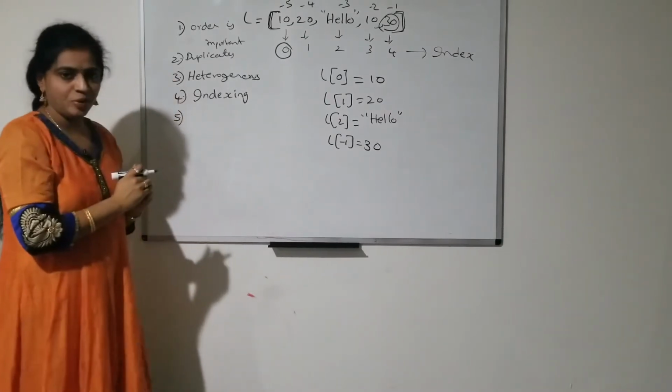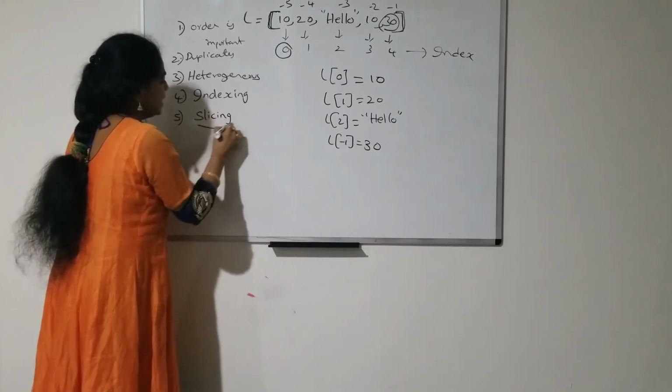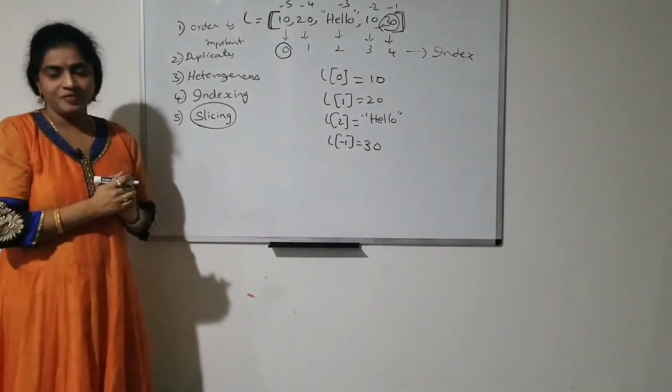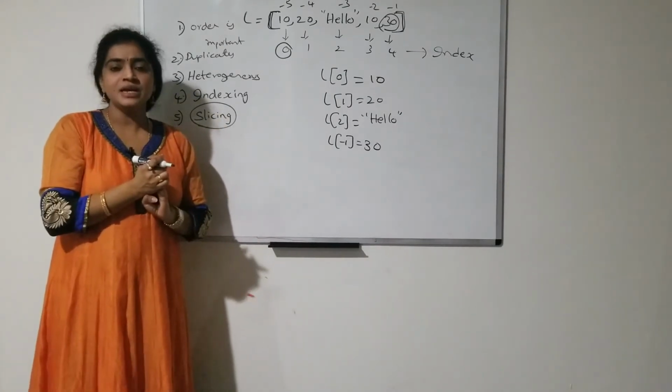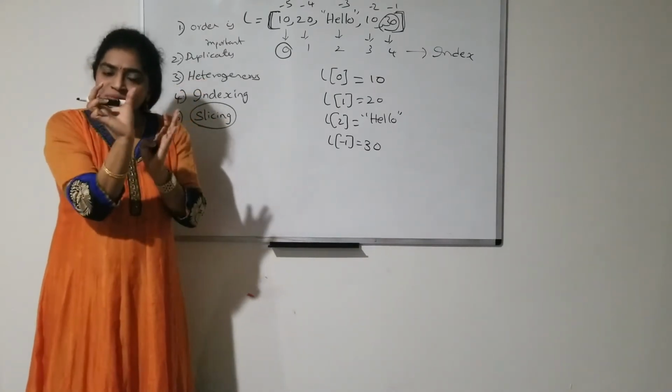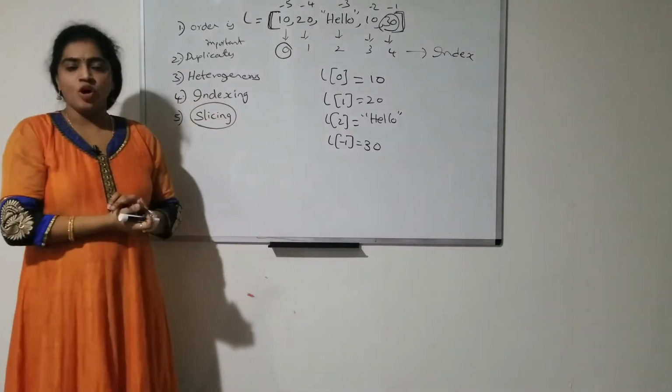Now let me teach about the other property, that is slicing. You already heard about this word slicing while learning the string data type. In a string, if you want to access a substring, you can use the slicing operation.